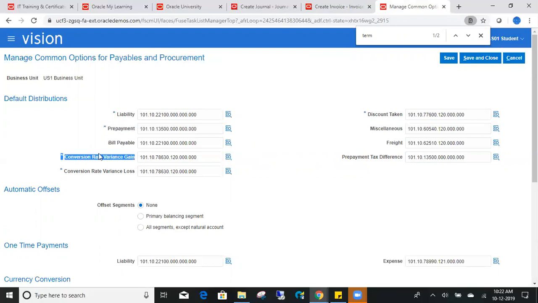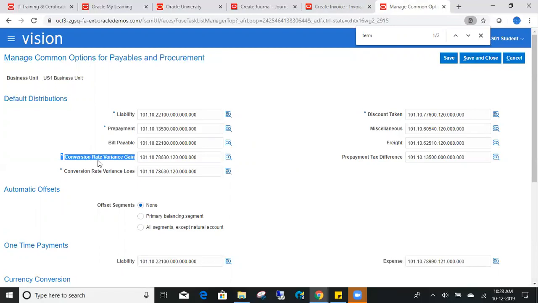This conversion, so only these two are the mandatory fields: the conversion rate variance gain and the conversion rate variance loss. That means if I'm in India and I'm buying in US currency, for India to US there will be a conversion rate today. Say $1 is equal to 72 rupees.